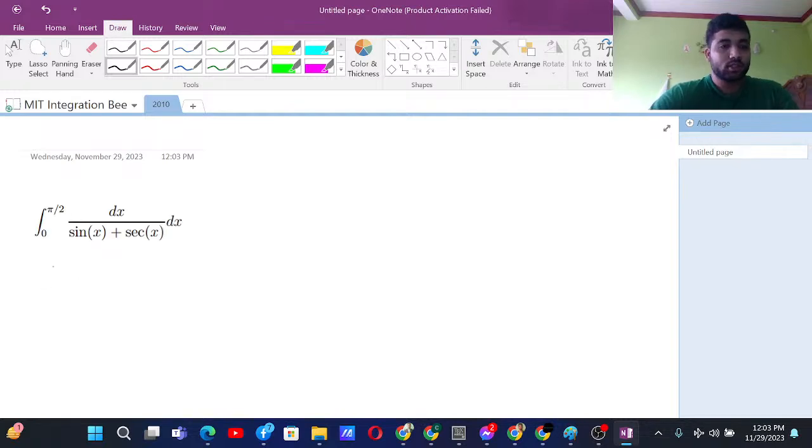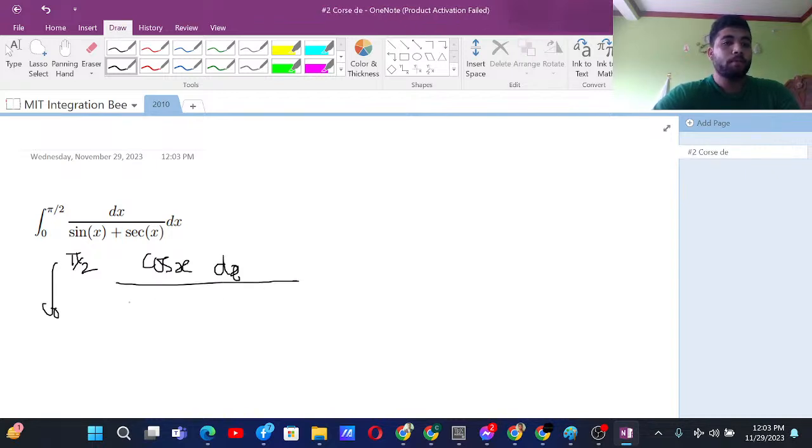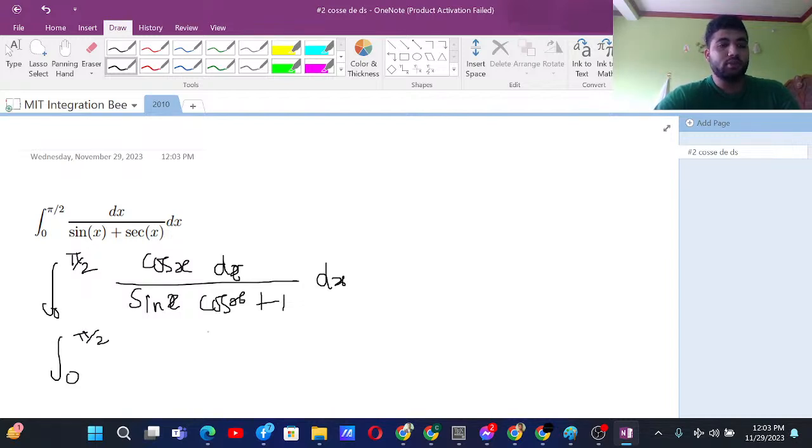Okay, so for this one, from 0 to pi by 2, we will have cos x dx by sin x cos x plus 1 dx. The next thing, we will try to have 2 sin x cos x over here so that it will be a standard form.